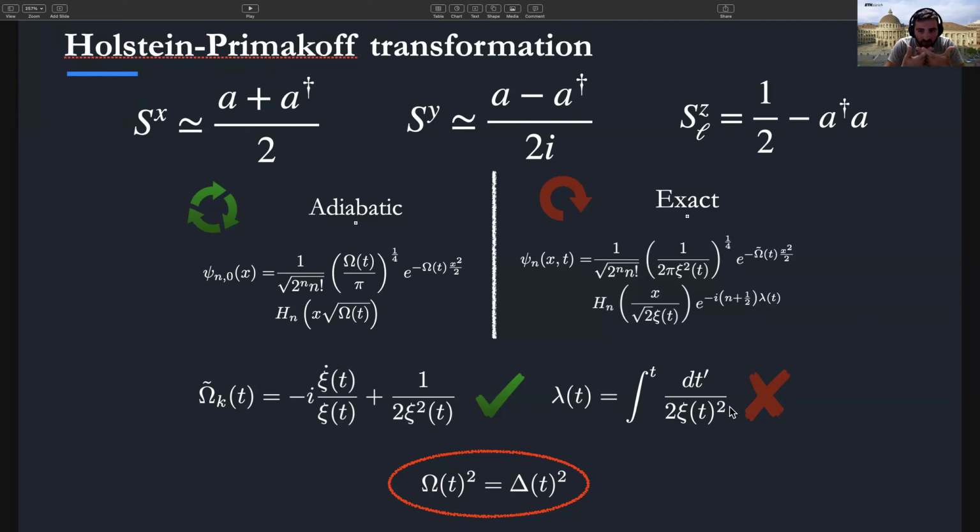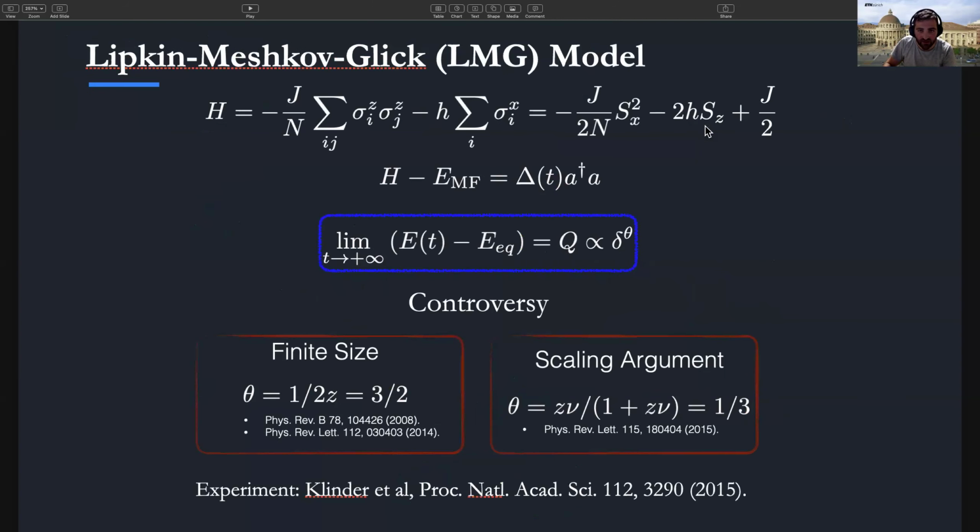And so we believe it's the exact description for the critical dynamics close to the quantum phase transition. When we apply the transformation, you substitute the spin operator with a bosonic operator as given in this table above, and what you obtain is a single boson Hamiltonian for the Lipkin-Meshkov-Glick model.